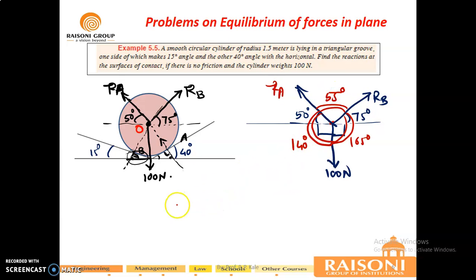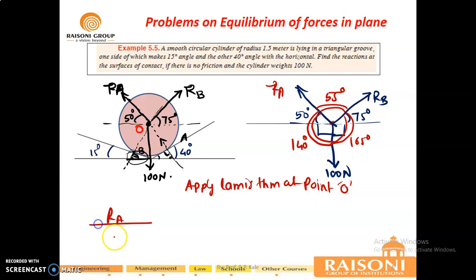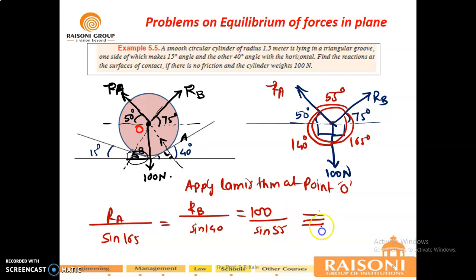Now applying Lami's theorem at point O. So from that you will get RA upon sine of 165, RB upon sine of 140, and 100 upon sine of 55. So from here you will get RA and RB.